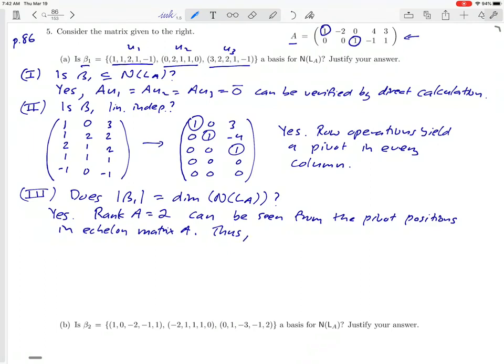Okay, and here comes the calculation that's going to give us the dimension of the null space. Let me correct that.